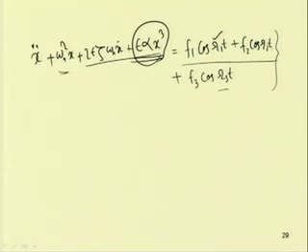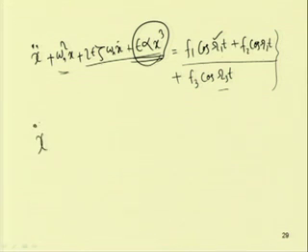This equation is written for a single degree of freedom system. So, one can write the same equation for a multi degree of freedom system by writing this x in vector form.